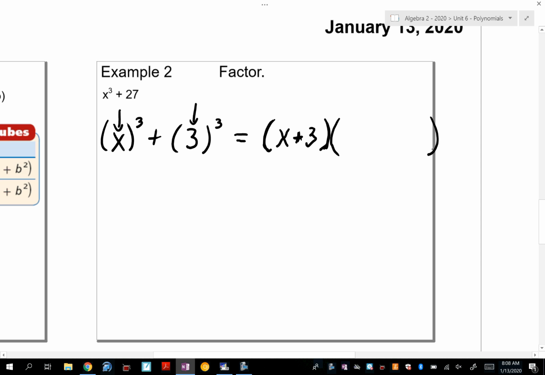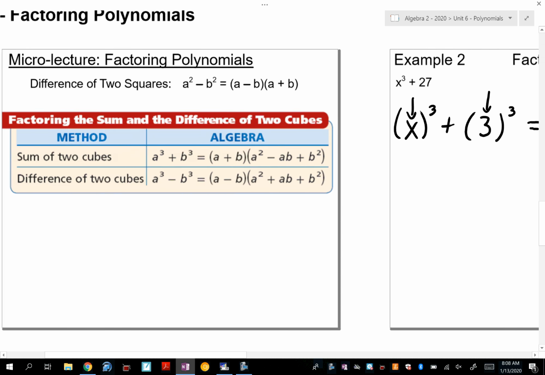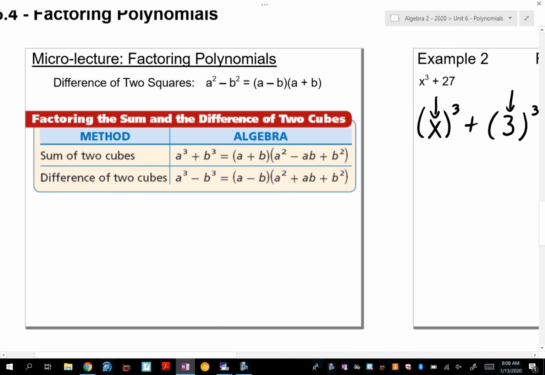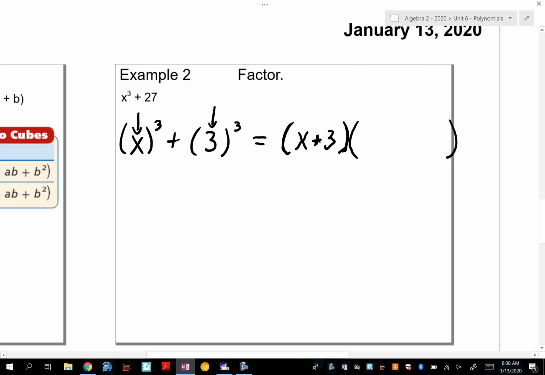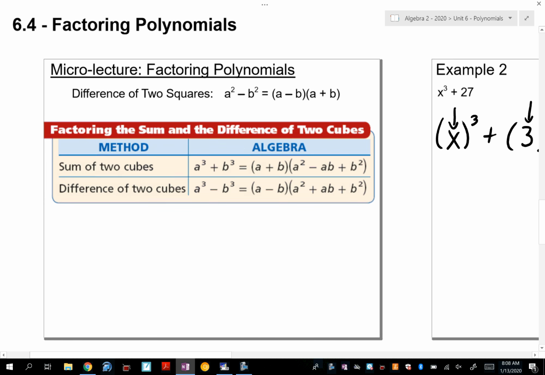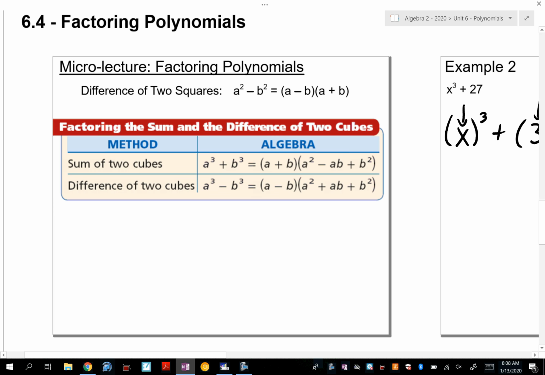Now, for the last part, how you factor it: we're using this formula for the sum of two cubes. The next thing that comes is a squared. So I'm going to put x squared. We're just using the formula. The next thing says minus a times b.